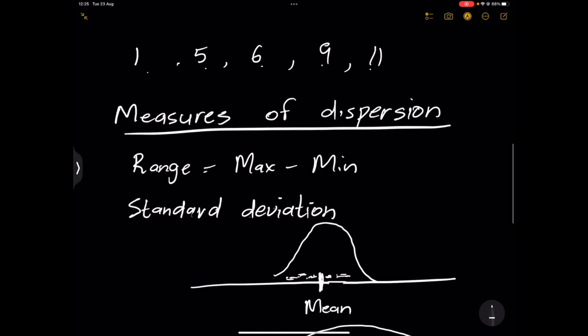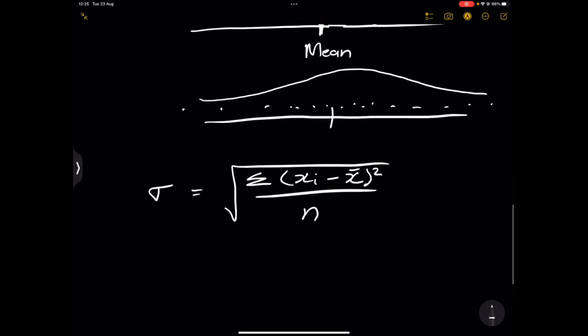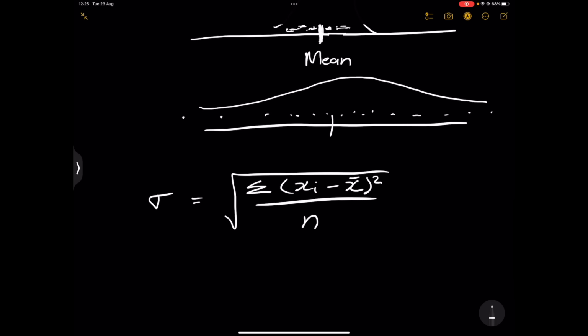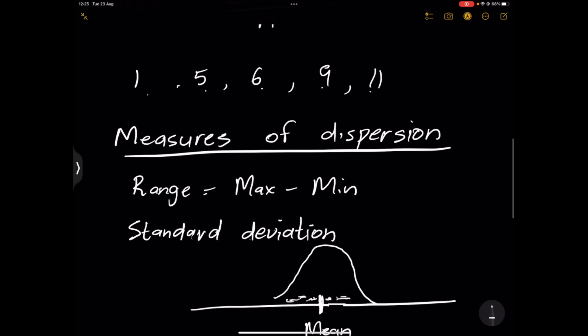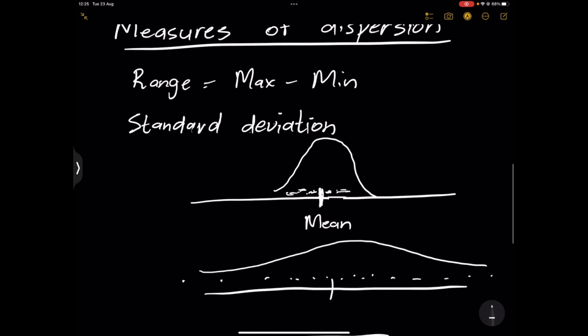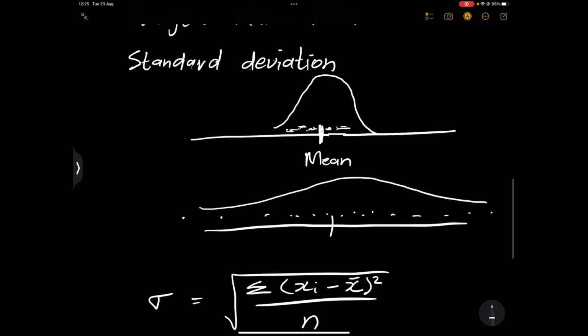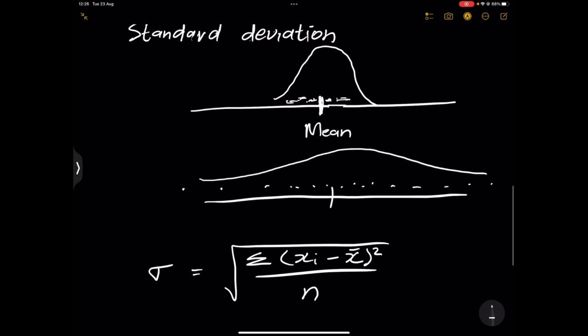In the data that we used, 1, 5, 6, 9, and 11, you get the mean first. We were making an attempt to calculate the mean. Then you take your first value, 1 minus the mean, 5 minus the mean, and so on. We're going to do an example just now.